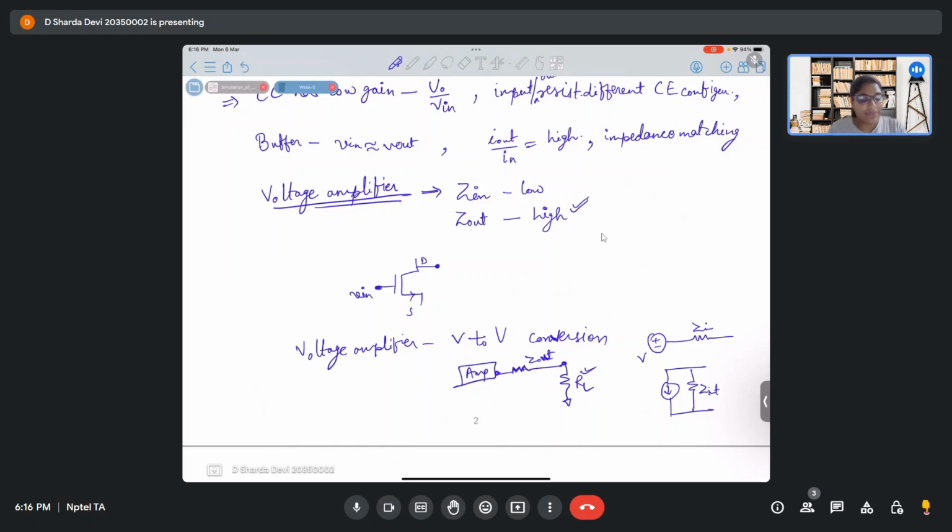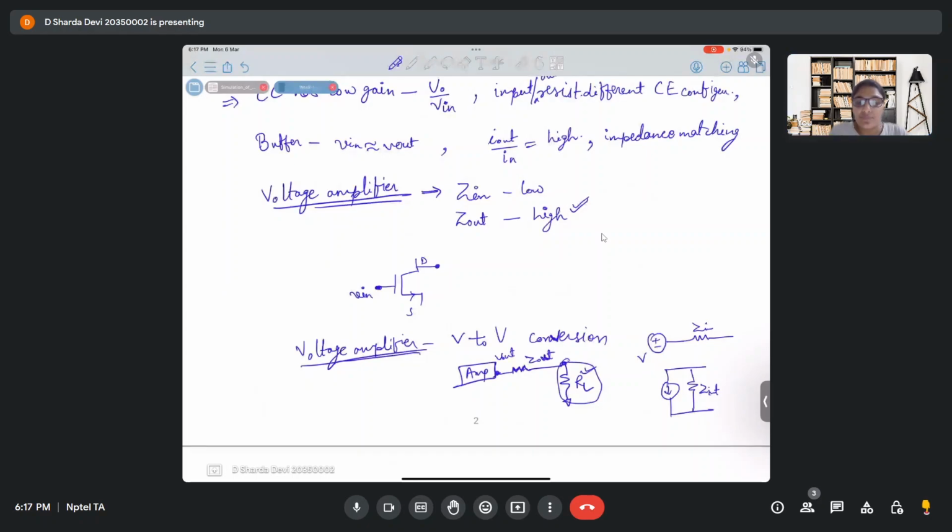So this is how it is represented, right? Now when we are saying it's a voltage to voltage conversion for a voltage amplifier, then I want my voltage, that is V out, to completely drop across my load, right? Yes, ma'am. So for this, what should be the value of Z out?